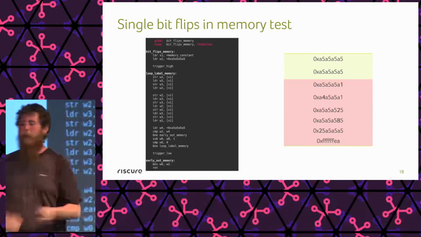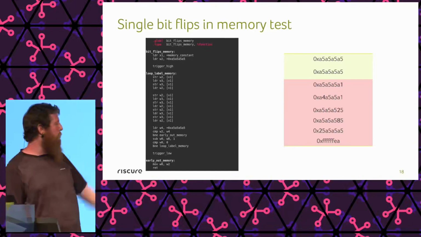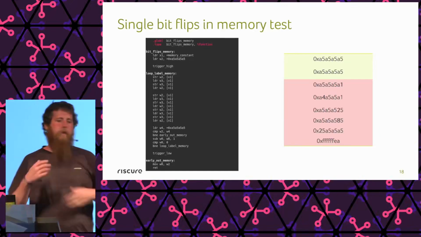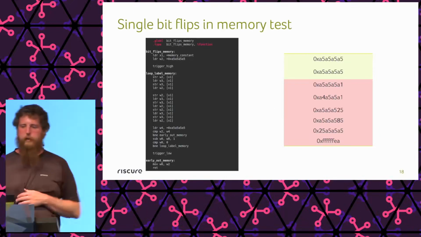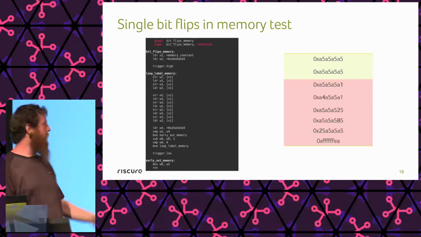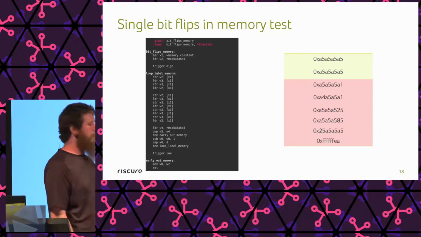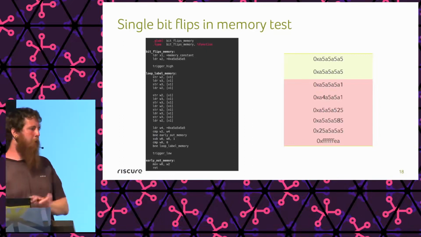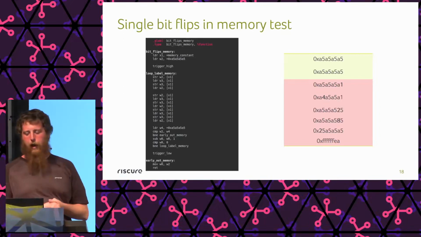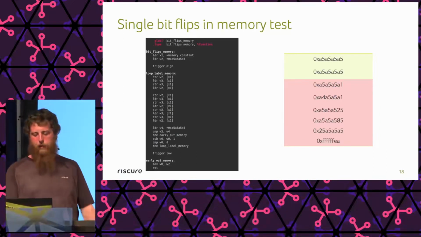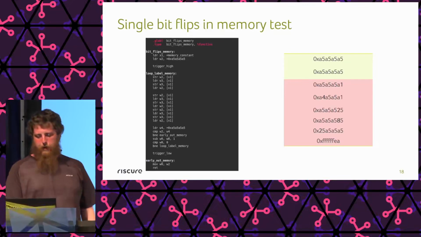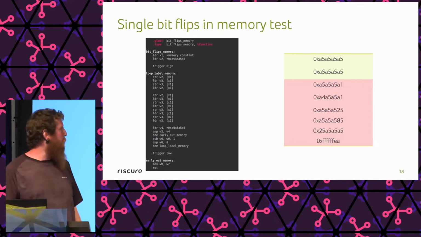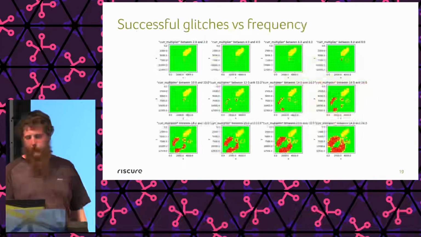And then we see on the bottom some other different results, which are very hard to reason about because there's a lot of stuff going on in the chip. It could be that it's corrupted one of the addresses to somewhere random. It could be a data corruption. There are many possible explanations, and it's hard to say given the control that we have. So that shows the single bit flip results that we wanted to look at.